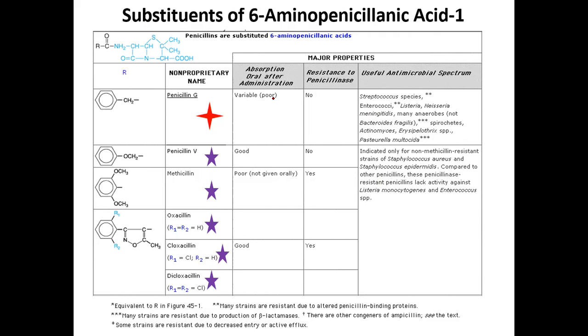And now when you come to penicillin G, that's where you get benzyl penicillin G and procaine penicillin G. You're going to find these organisms, and you will see Listeria, okay? Then Neisseria meningitidis. Neisseria meningitidis is a gram negative coccus, while Listeria is a gram positive rod, if I remember correctly.